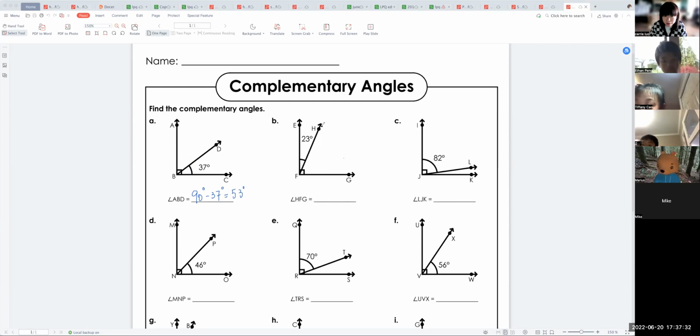Angle HFG equals 90 minus 23 equals 67. Last but not least, we know IJK is 90 degrees, minus 80, 8 degrees. Get it, everybody?